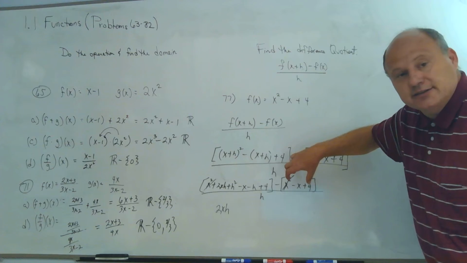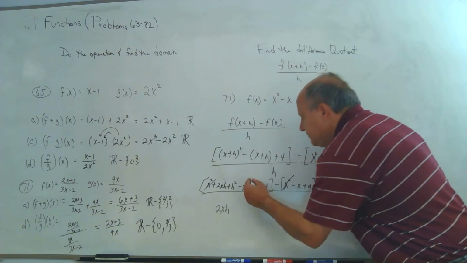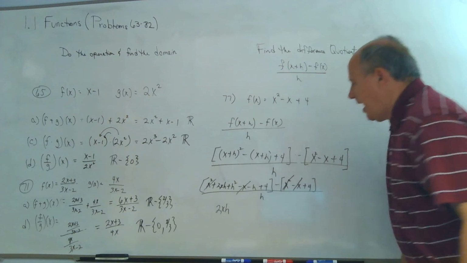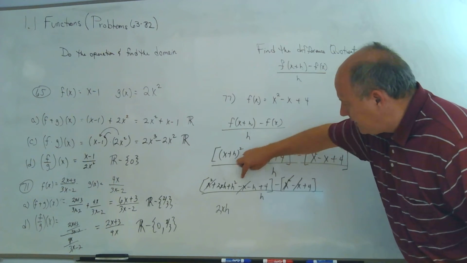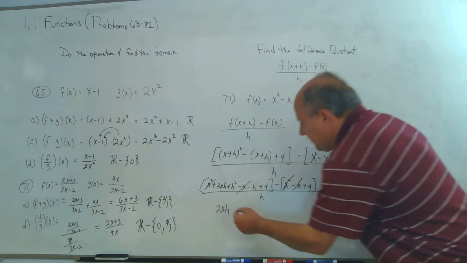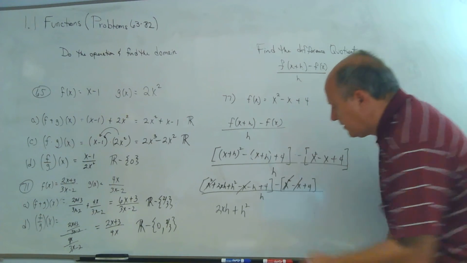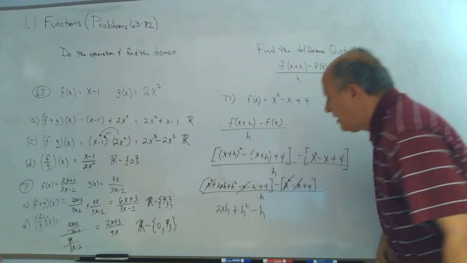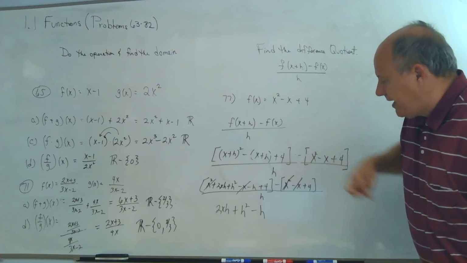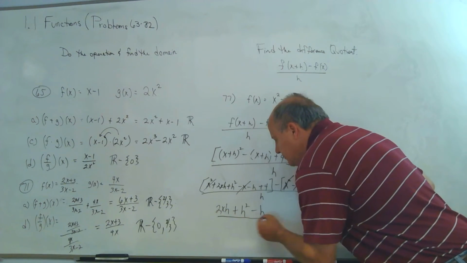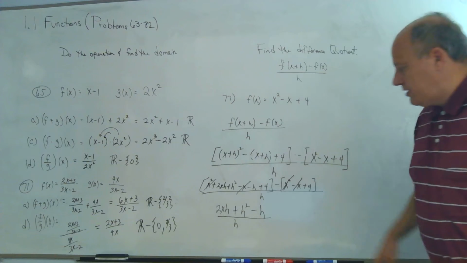So that becomes a plus x. They cancel out too. And then the h squared, I don't have any h squared over here, so it's going to have an h squared. And then minus h, there's no h's over here, so it's minus h. And then plus 4 minus 4 cancels out, all over h. So after all the terms that cancel on the top, this is what I have.